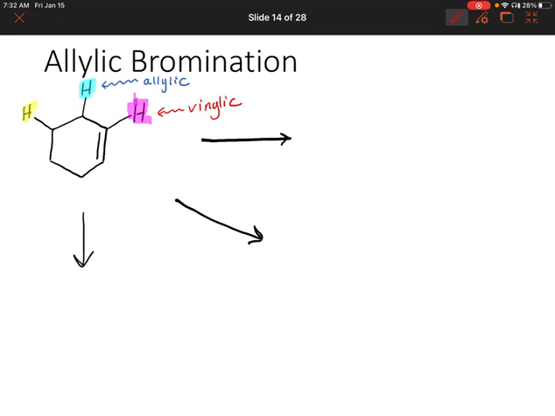Okay, so now let's see what happens if we lose a yellow hydrogen. So if we abstract that yellow hydrogen through a radical reaction, then we should end up with a single unpaired electron on the carbon that the yellow hydrogen was attached to.